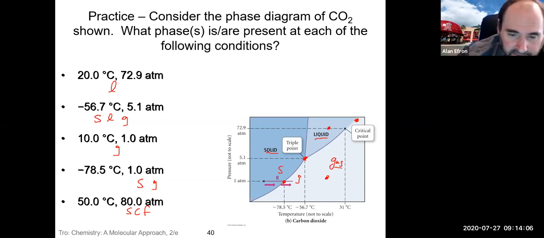If I just draw that part of the line, coming up here to where the critical point is, if you're at the critical point or anywhere on this line between our liquid and our gas, you would have both liquid and gas. Technically, if you're at that point, it's still at the end of the line, so it'd be liquid and gas. If you're anywhere above that, it's often called a supercritical fluid, like the last one.